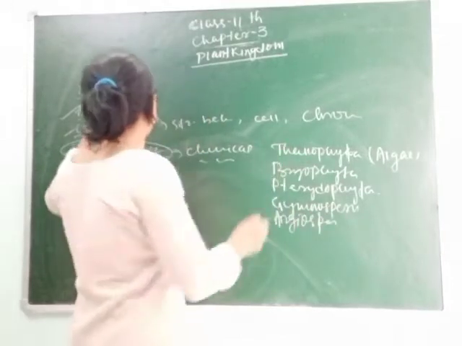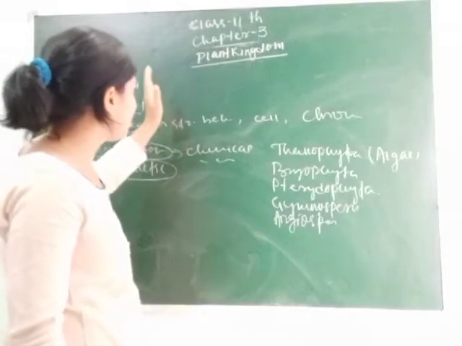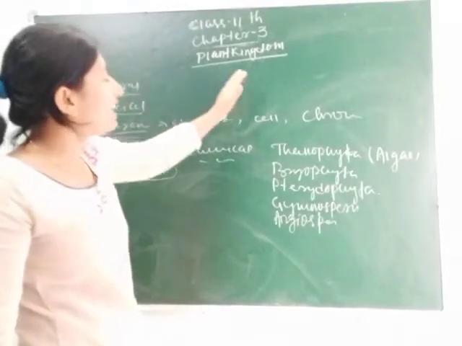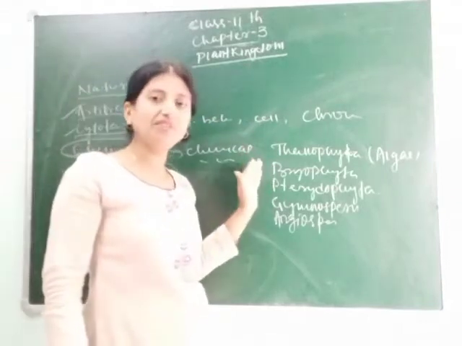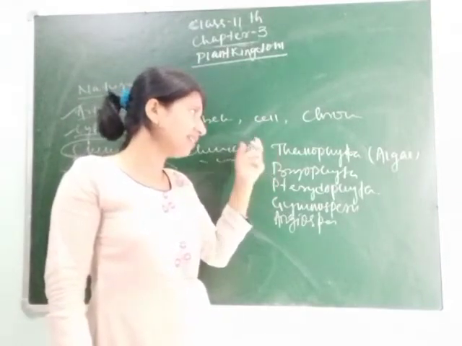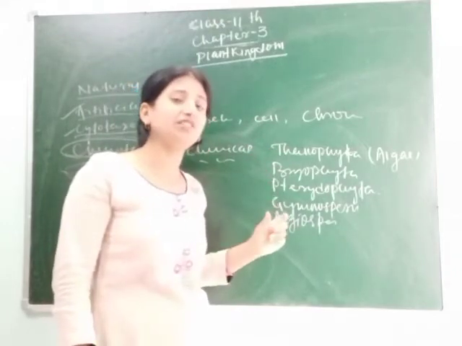Clear? So on the basis of these classification systems, the plant kingdom is divided into 5 divisions. They are thallophyta, meaning thallus-bearing organisms are placed in this division, then bryophyta, pteridophyta, gymnosperm and angiosperm.